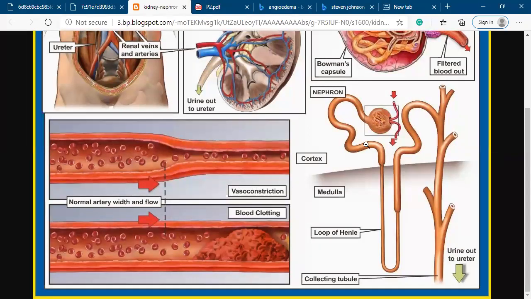The different parts are the convoluted tubule, proximal and distal, the loop of Henle, and the collecting tubules, where the diuretics work.